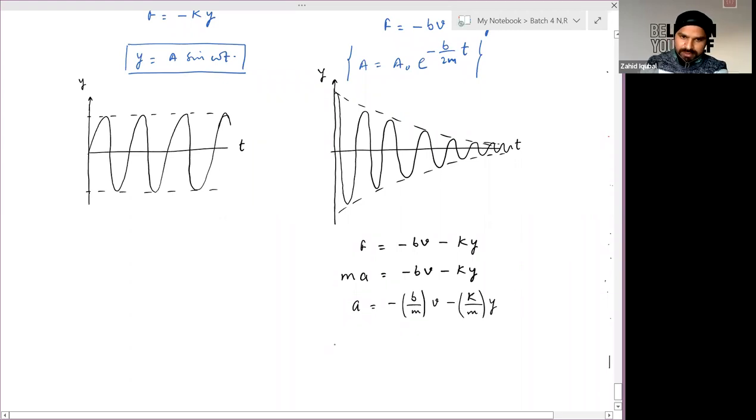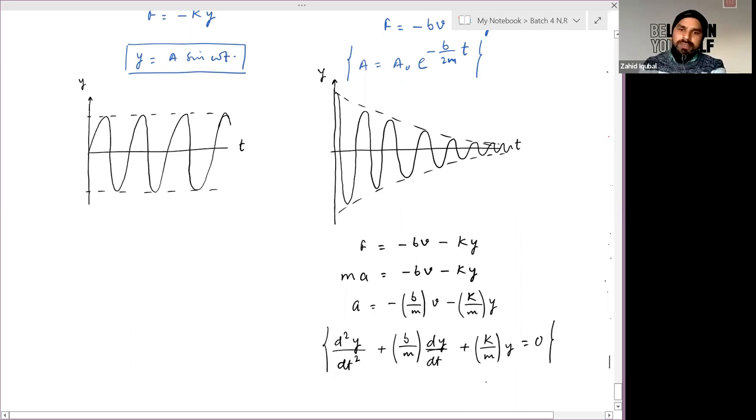Now acceleration is the second derivative of displacement with respect to time. If you move these terms to the left side, you'll get b divided by m times velocity, which is dy over dt, plus k by m times y equals 0. So this will be your general differential equation related to this part.